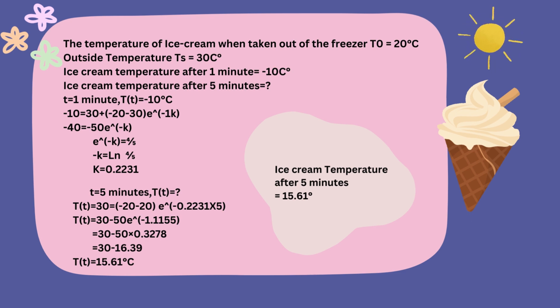You need to find out what is the temperature of the ice cream after 5 minutes. Surely it has increased, but you can find out by how much using Newton's law of cooling. By doing these calculations, you will come to know that the ice cream temperature after 5 minutes is 15.61 degrees Celsius.